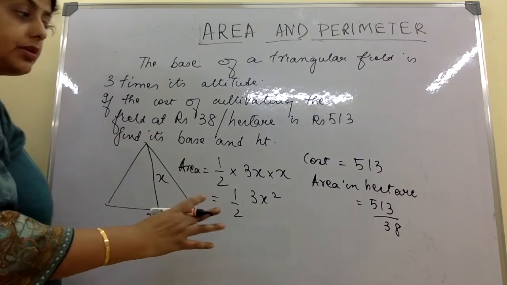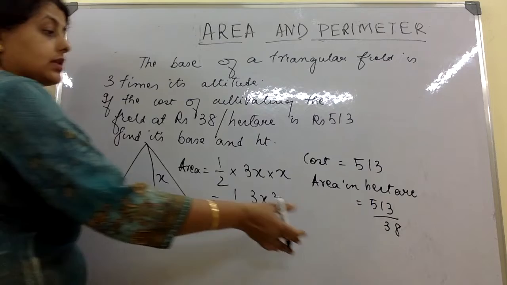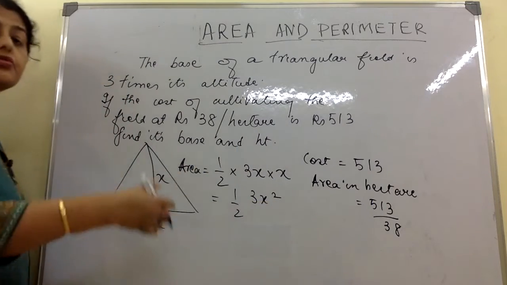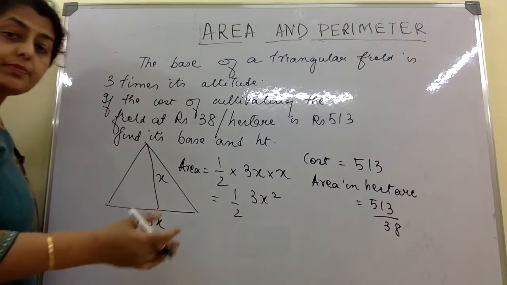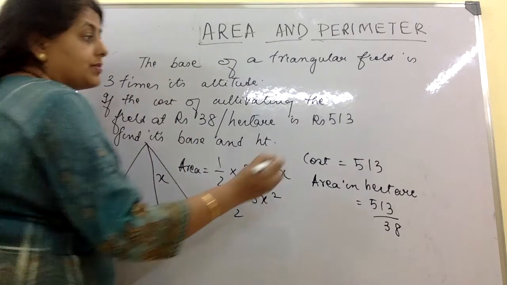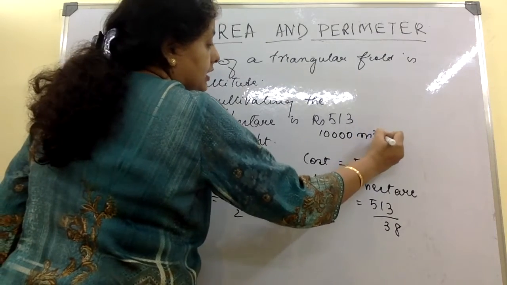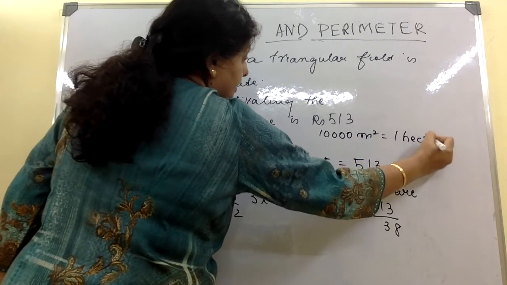I can't use this number of hectares directly. If I want to convert it to meter square, I will have to multiply it by 10,000, because 10,000 meter square is equal to 1 hectare.